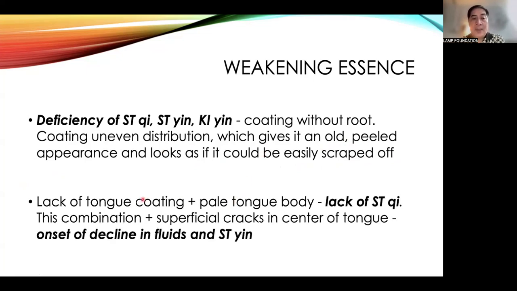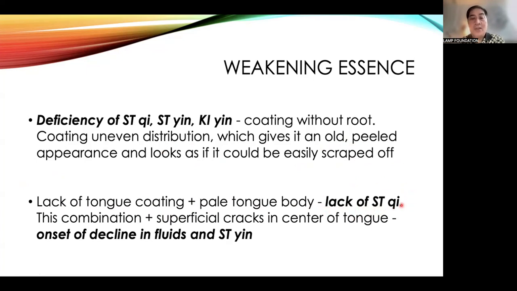Okay, so if there is lack of tongue coating, plus the tongue body is pale, lack means hindi pa total absence, kulang lang yung coating, and the tongue body is pale, that means you have stomach chi deficiency or lack of stomach chi.